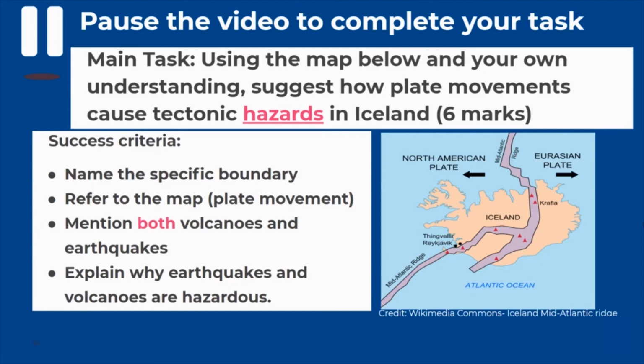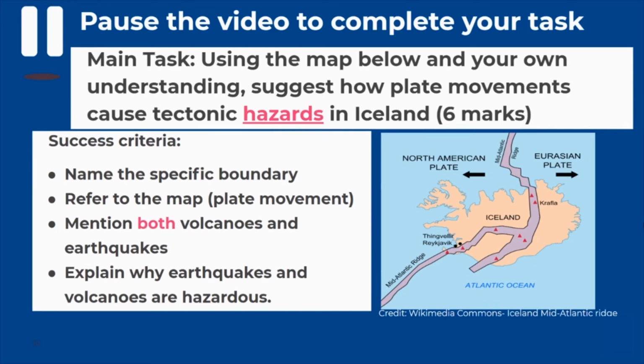Then, and this is where this question is so sneaky, it says, suggest how plate movements have caused tectonic hazards, not caused a tectonic hazard. This is essentially a plural. So they are asking you about how constructive plate margins cause both volcanoes and earthquakes cause hazards. So this is a long answer.